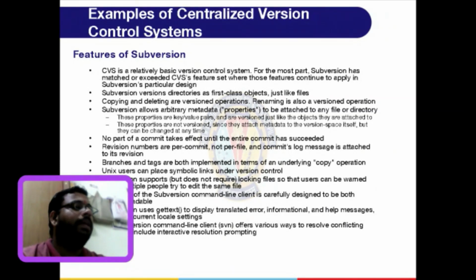Branches and tags are both implemented in terms of an underlying copy operation. Unix users can place symbolic links under version control.